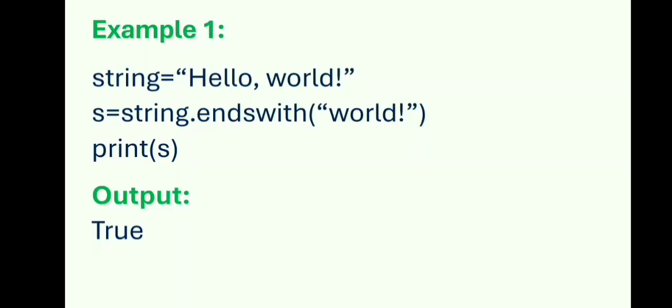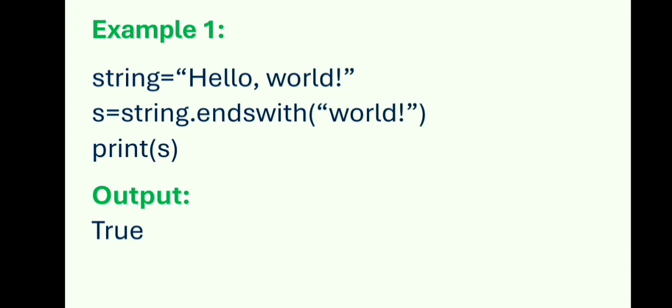To get a better understanding of the method, let's examine some examples of string endswith method in Python. Example 1. In this example, we assign the string value "Hello World!" to the variable string.